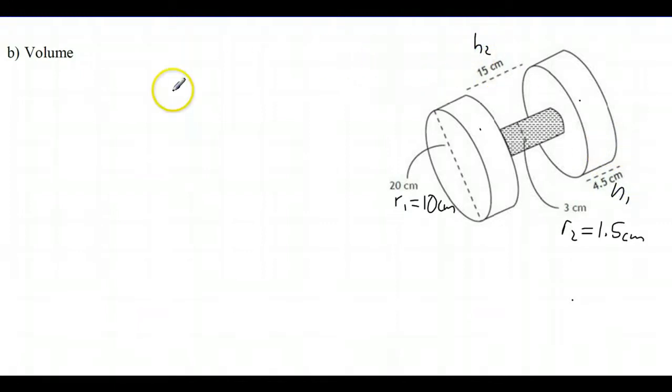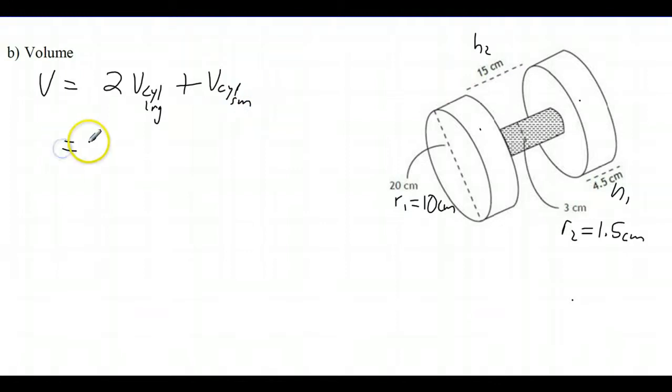So the volume V is 2 times V cylinder large plus V cylinder small. The volume of a cylinder is pi r squared h, so it's 2 times pi r1 squared h1 plus pi r2 squared h2.